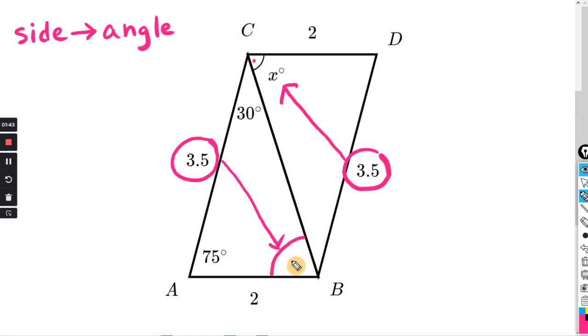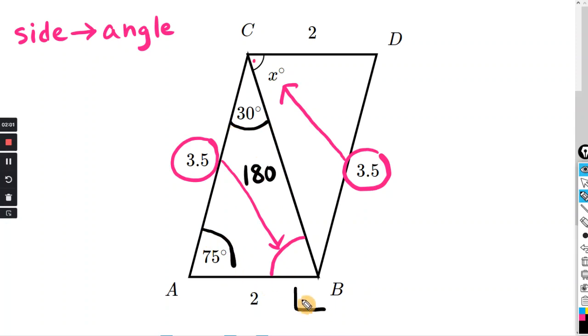We don't know what this is, but it's easy to find because we know the interior angles of a triangle add up to 180 degrees. So we can just subtract this one and this one from 180, and we'll get this one right here.